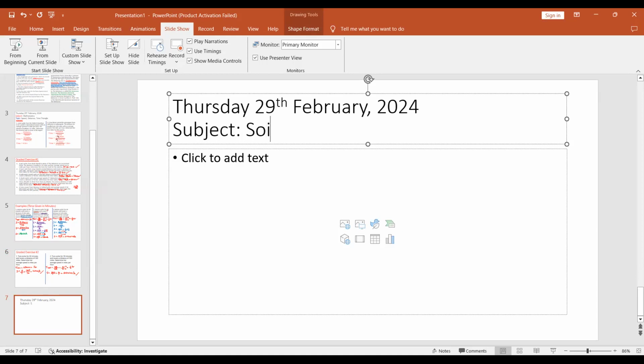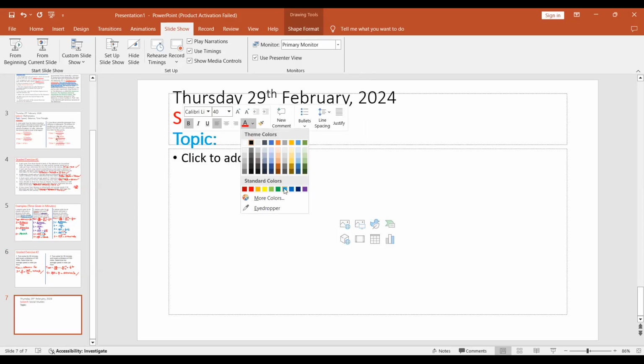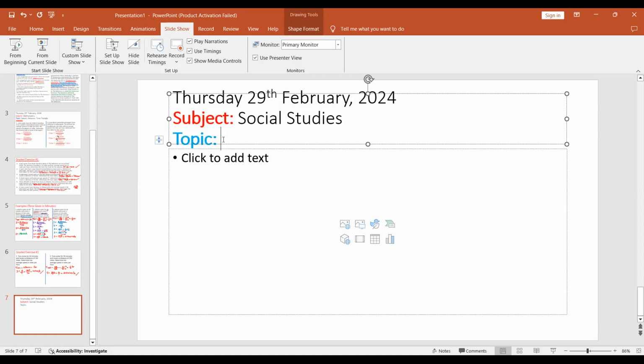The subject is, of course, social studies. Can anyone remember what we did last time for social studies? The Lutheran Adventures. Good. What does Eleuthera mean? Freedom. Very good.